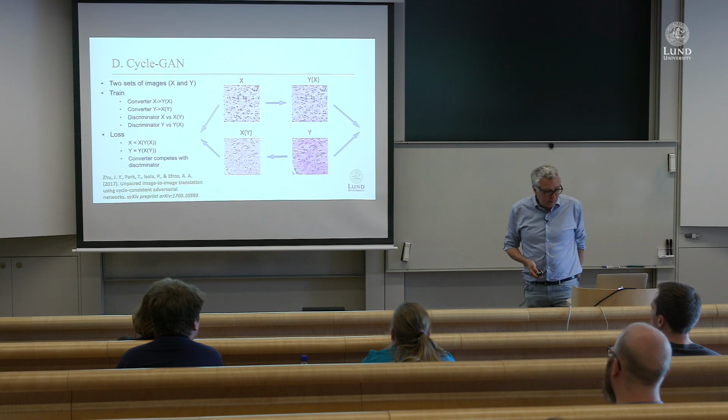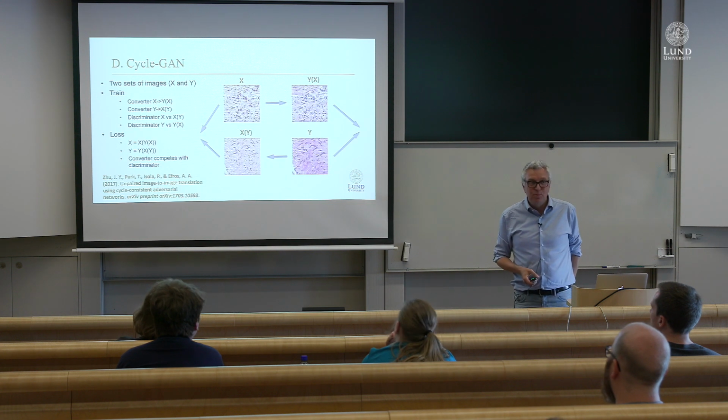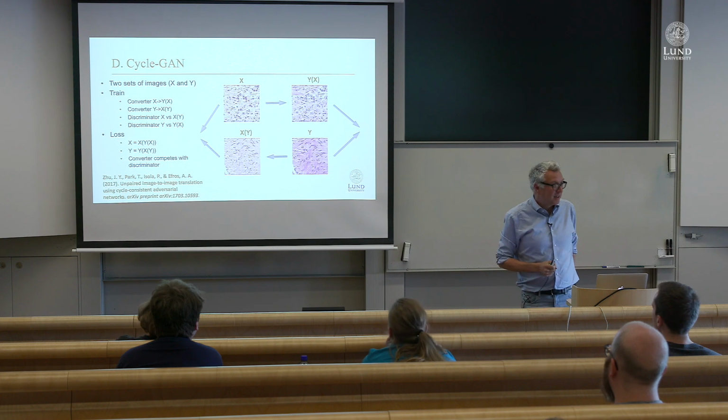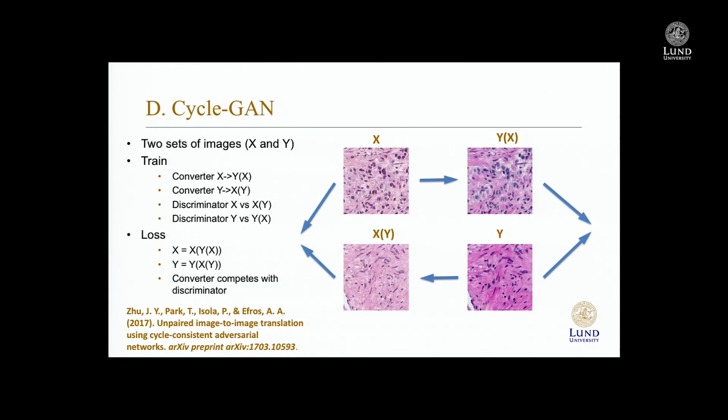And one of these methods, the one that looks really interesting and promising, is called cycle GAN. Cycle GAN is an idea that you have two sets of images. Think of these as the Lund images and Linköping images. Then you try to train all of the weights in a deep neural network that converts from, say, Lund images to Linköping images.